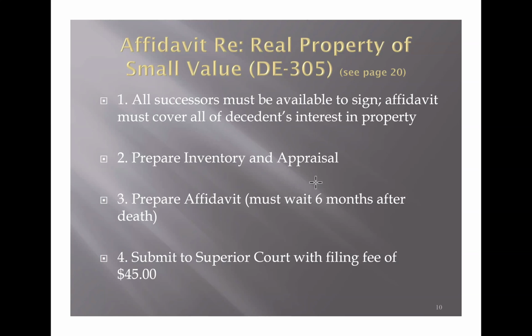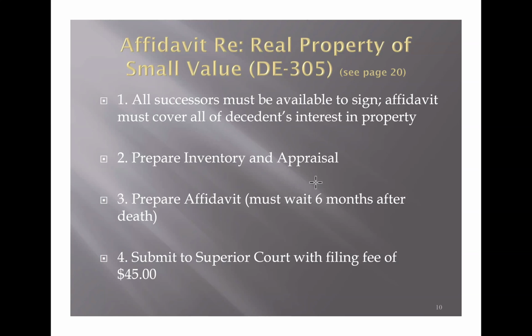You need to prepare an inventory and appraisal. If you're just starting out, that would be the first thing you would do with real property, because you want to see which procedure you're eligible to use. This goes to the probate referee, which I'll explain in a minute.